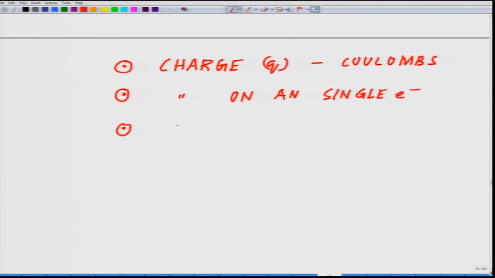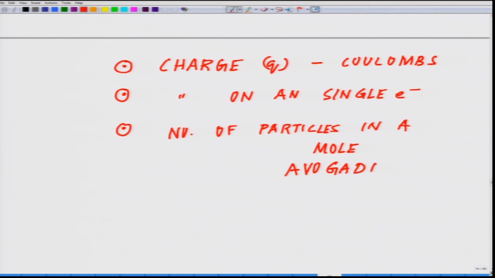Then the number of particles in a mole, which is Avogadro's number.